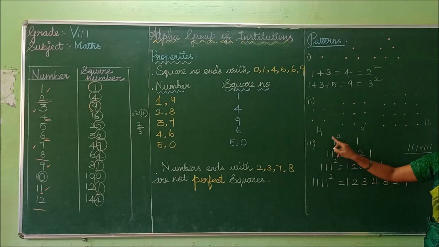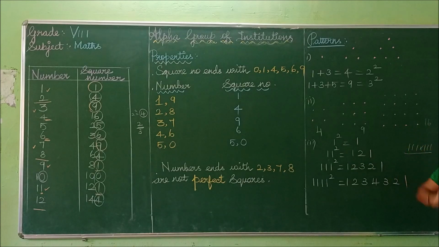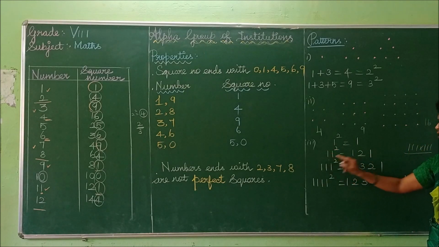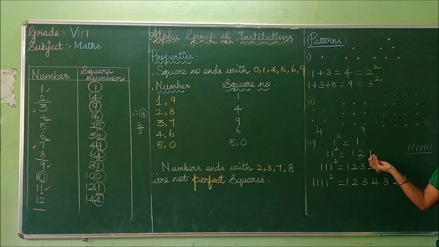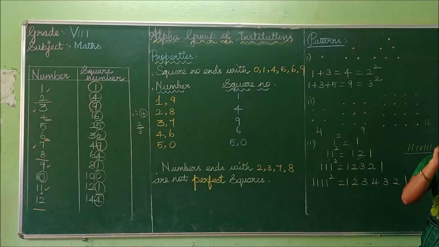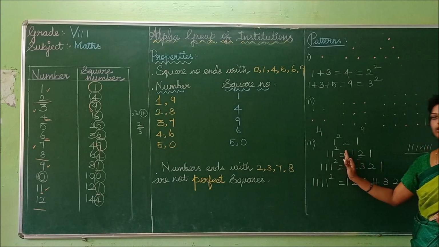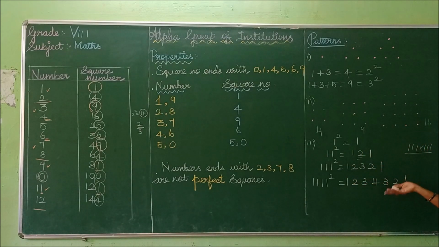Here the count of 1 is 1 only, so I have simply written 1. Here the count of 1 is 2, so I kept 2 in between. After and before, you have to write the values before that count. The value before 2 is 1. So you write the same numbers on the left side and the right side.